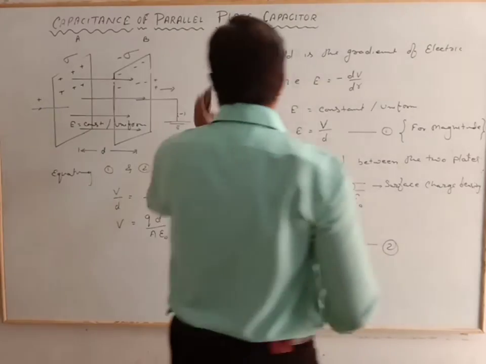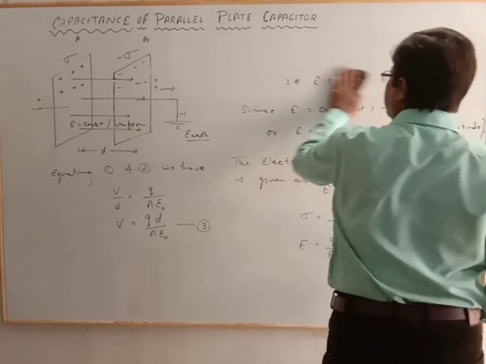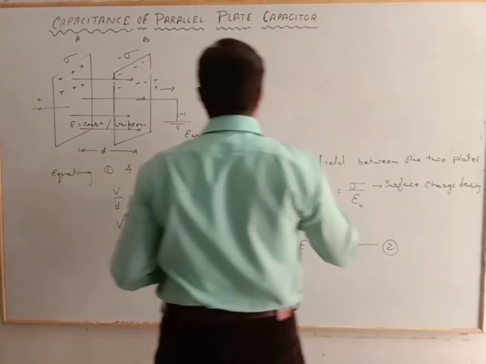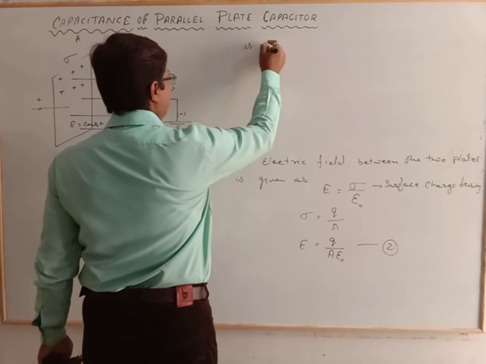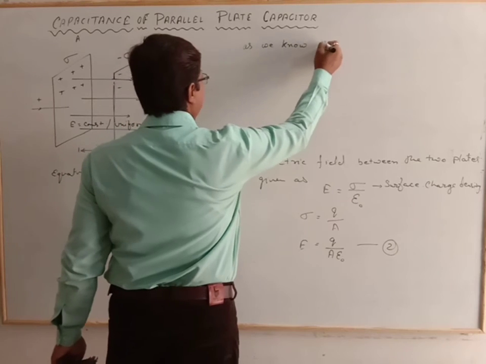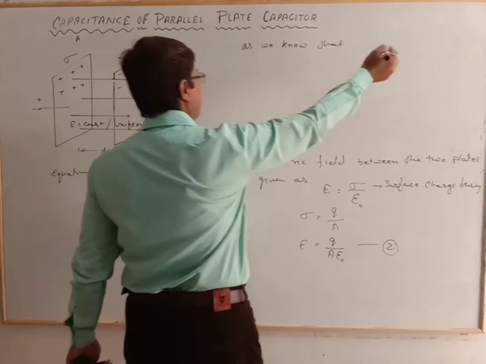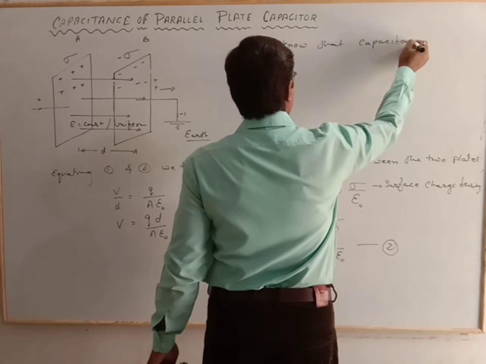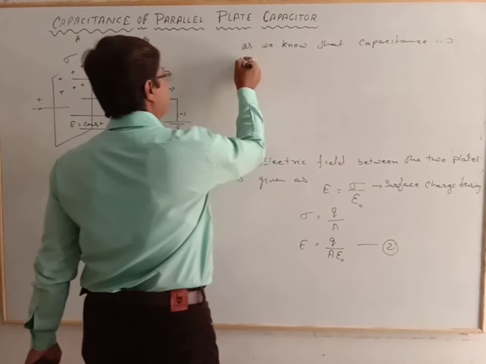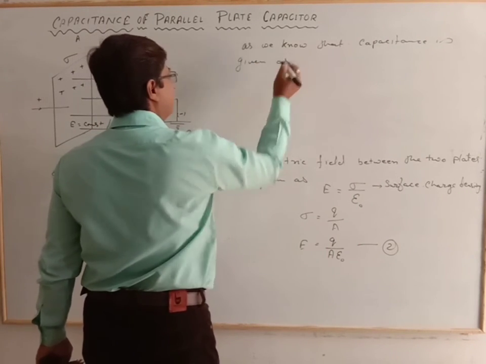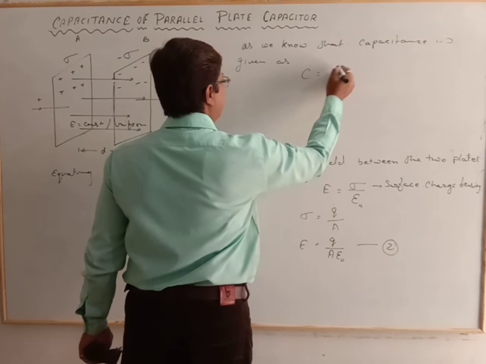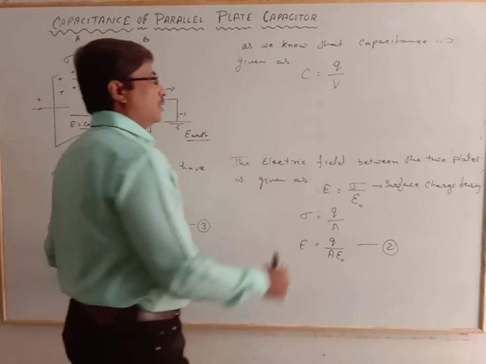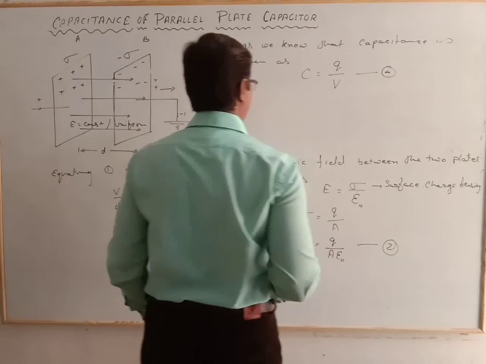Now the capacitance of the parallel plate capacitor. As we know, the capacitance is given as C is equal to Q by V, equation number 4.